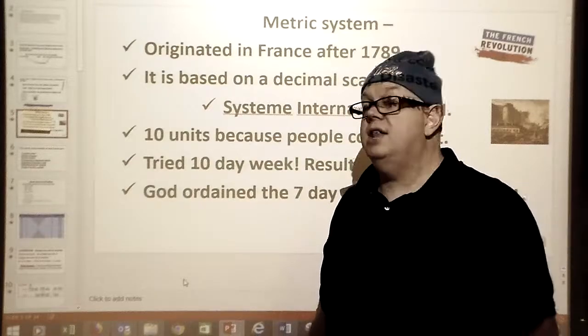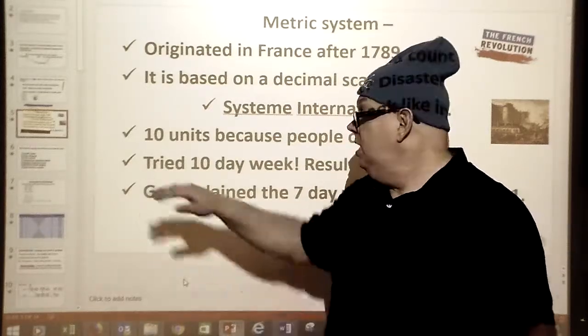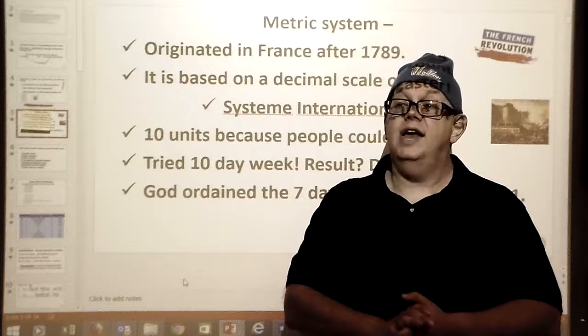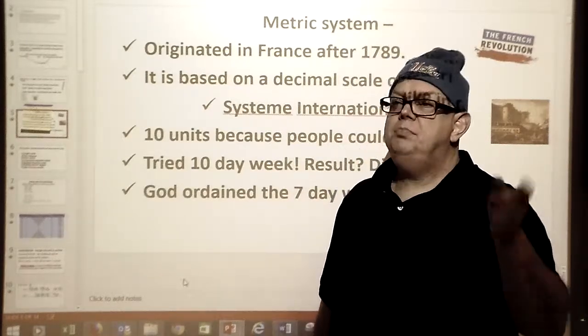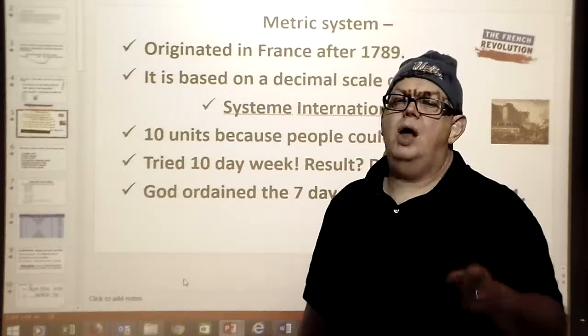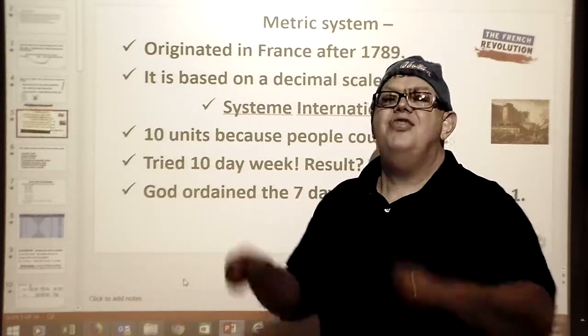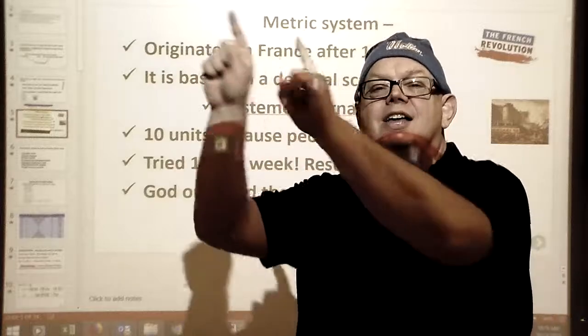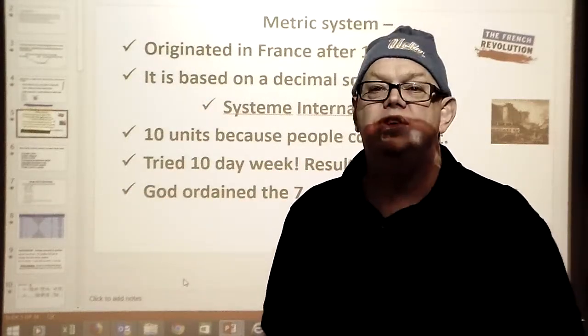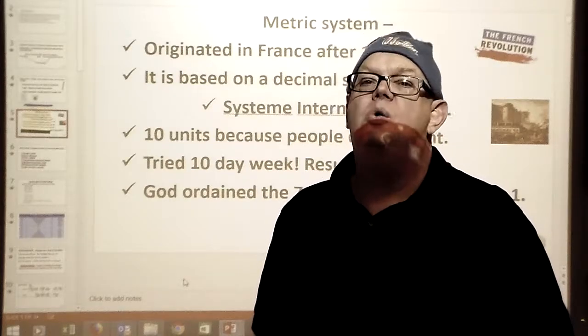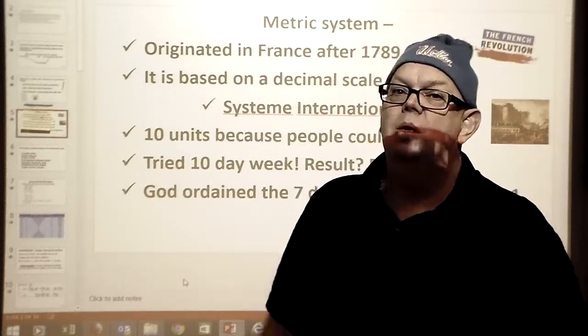We're kicking out that God system, and that's it. We're going to do the 10-day work week. It was, in fact, a disaster because by the time day number 8 rolled around, people and animals were dropping from exhaustion. They were forced to go back to what God had originally put in Genesis, the 7-day week. 6 days you work, 1 day you rest.